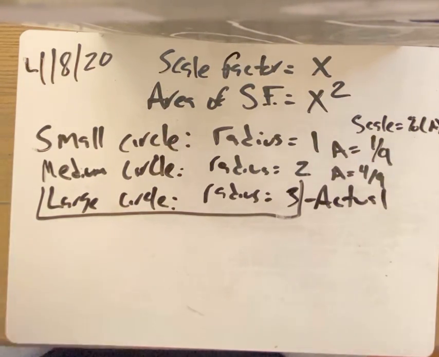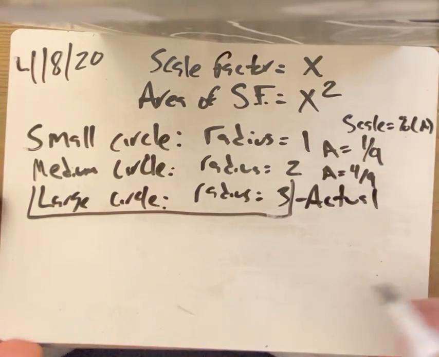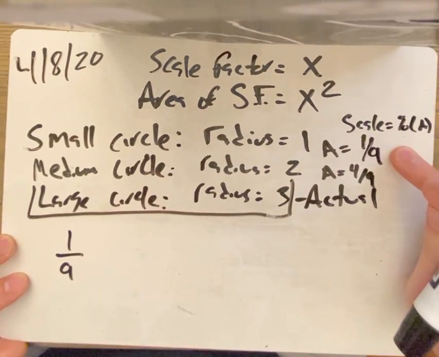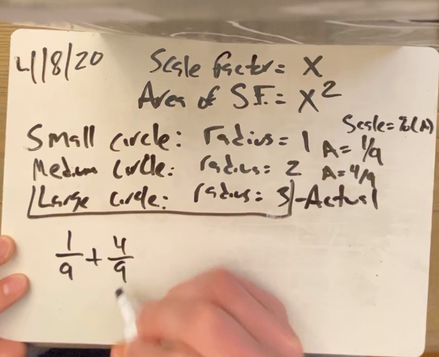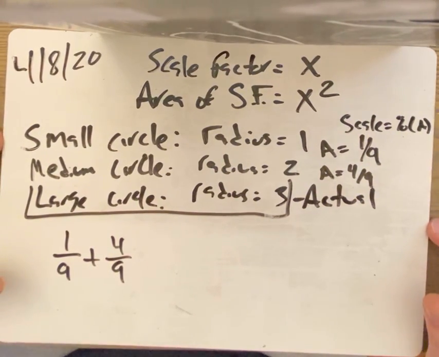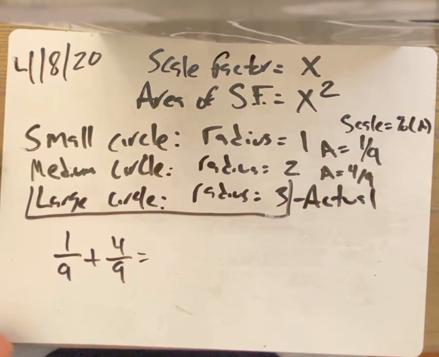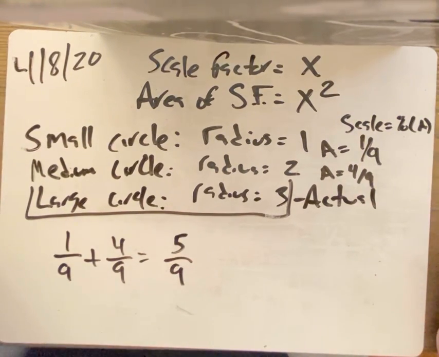I got 1/9 for the small, and the medium is 4/9. This is a beautiful thing because we already have a common denominator, so you don't have to do any extra work. All you have to do is add 1 plus 4, and we get 5/9.